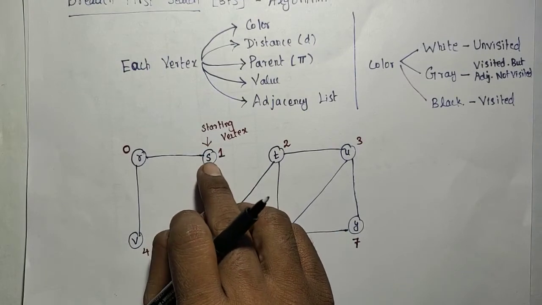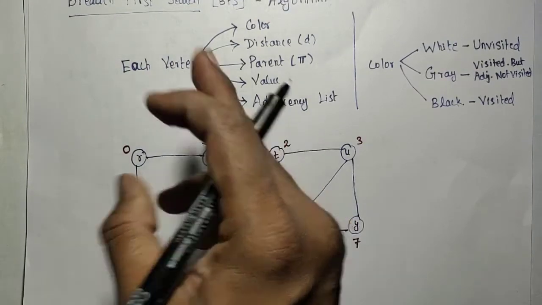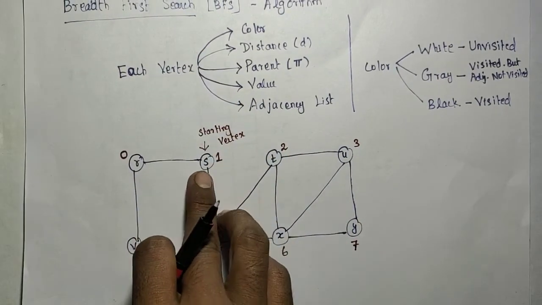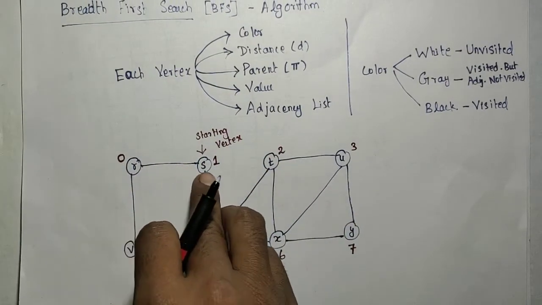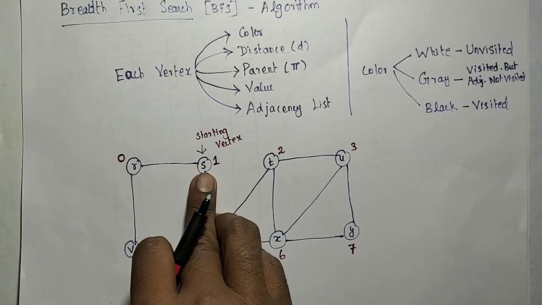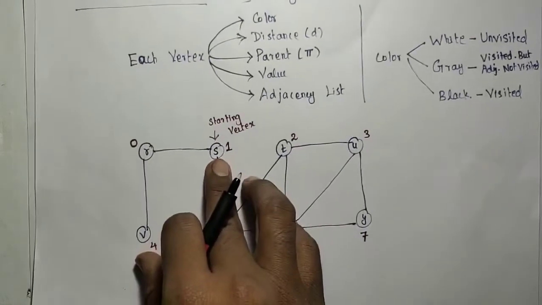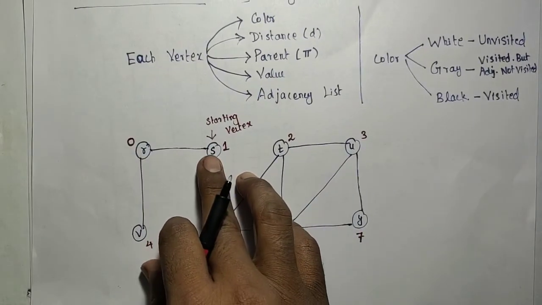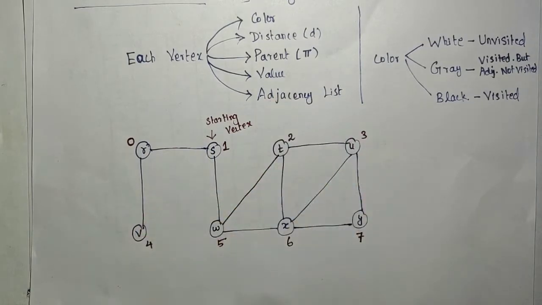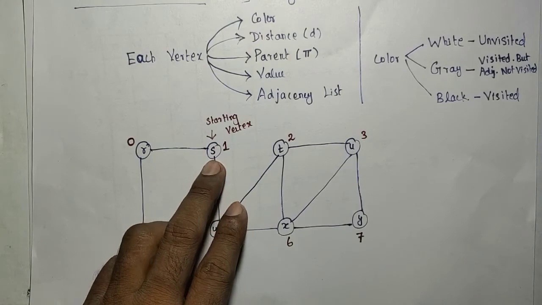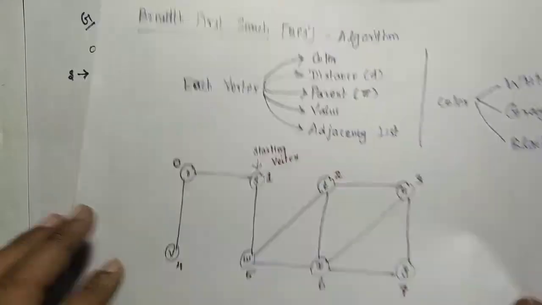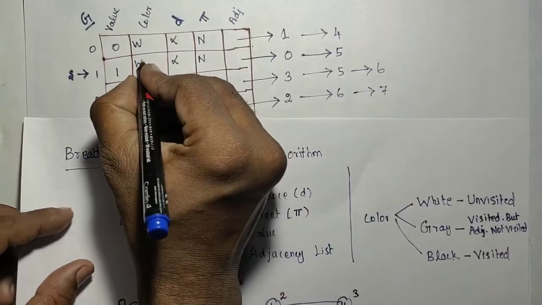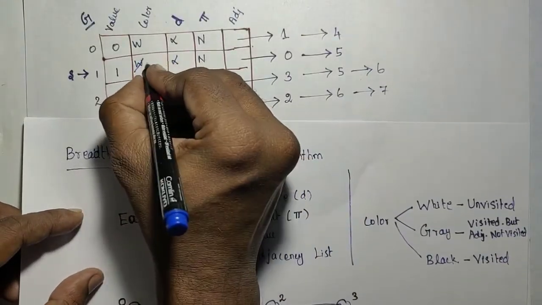And then distance, S to S, what is the distance? 0. It is not infinity. From S to S, the number of edges needed is 0, so distance is updated with 0. And then the parent: who is the parent for the starting node? That remains null. There is no parent for the initial node. So that has to be updated here.